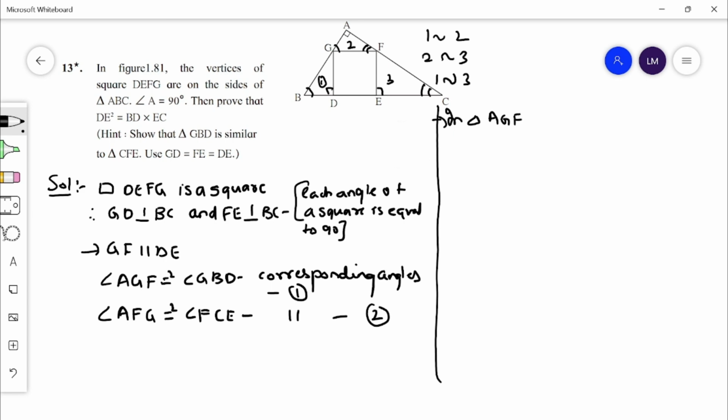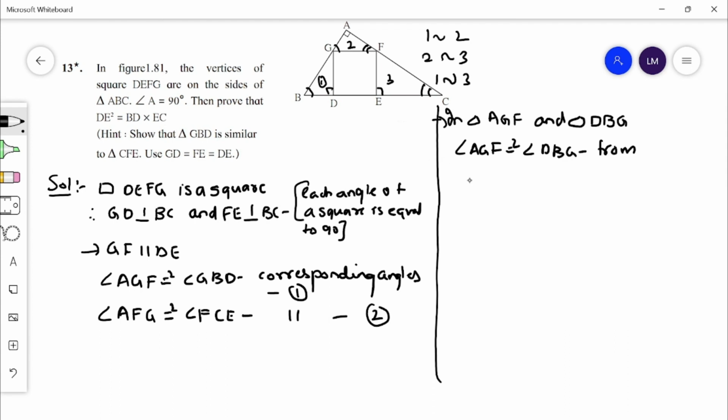So triangle AGF, and in the triangle, from 90 it is D, then corresponding angle is B, and then it is G. So in triangle AGF and triangle DBG, angle AGF is congruent to angle DBG, reason from 1.